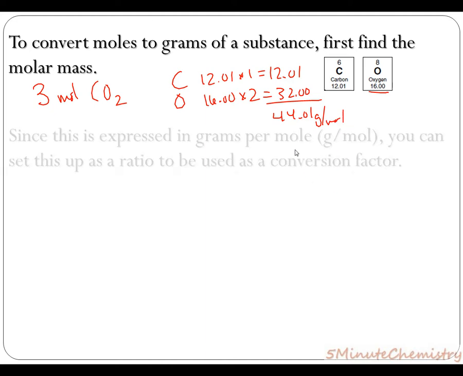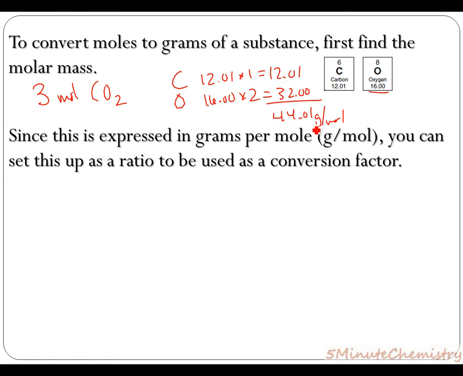Now, just like we did before, since we have this molar mass in grams per mole, we can set it up as a ratio, as a fraction, used as a conversion factor. We're going to begin just as we did before, by writing out the 3 moles of CO2. Then you multiply by your conversion factor.